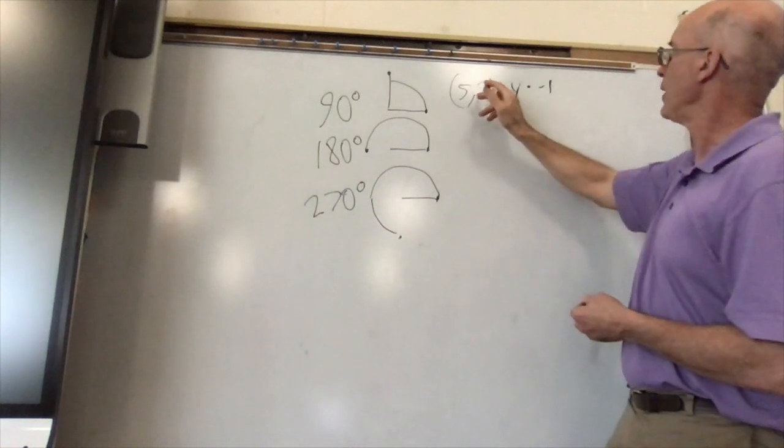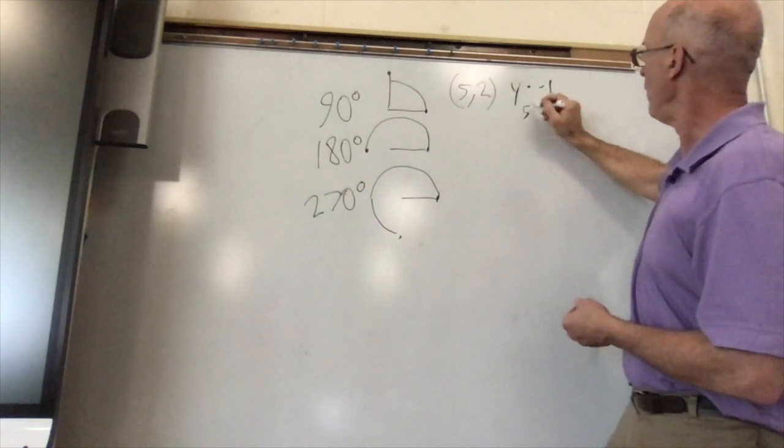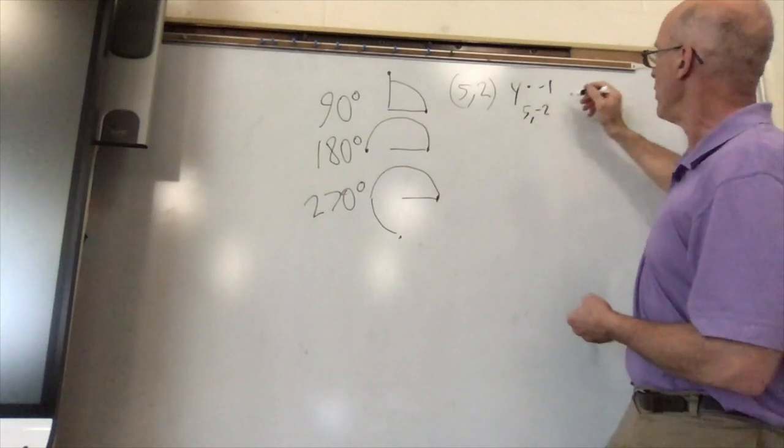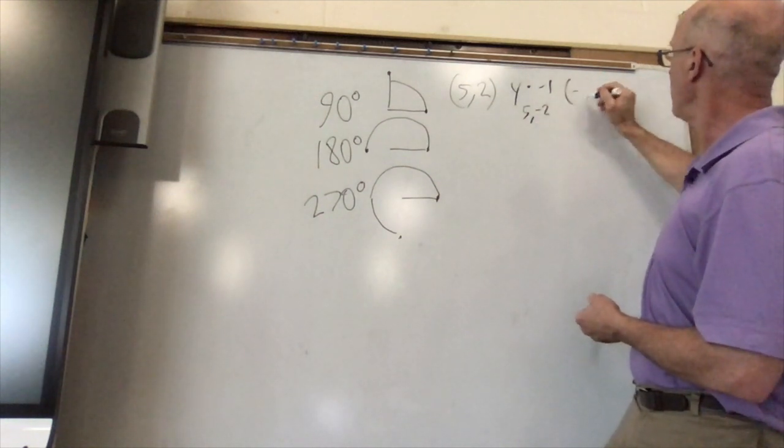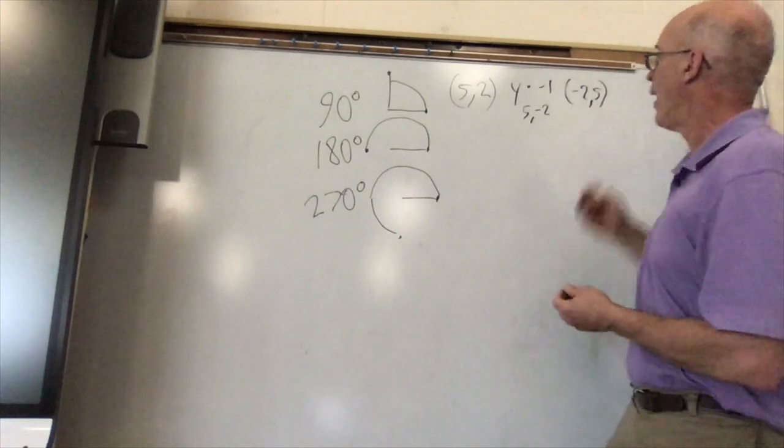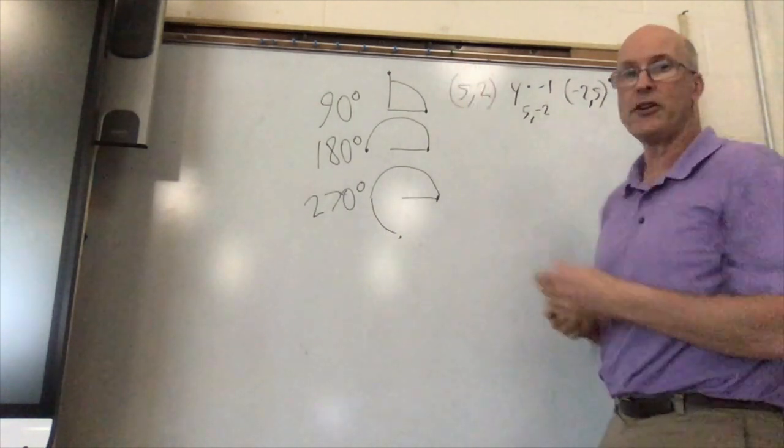So multiply that by negative 1, you'll get 5, negative 2, and then interchange those. So the new point is going to be negative 2, 5. That would be a 90 degree rotation.